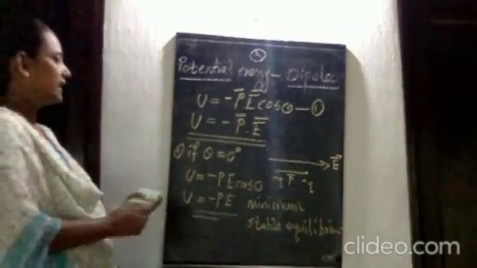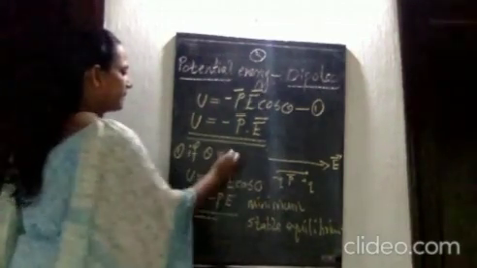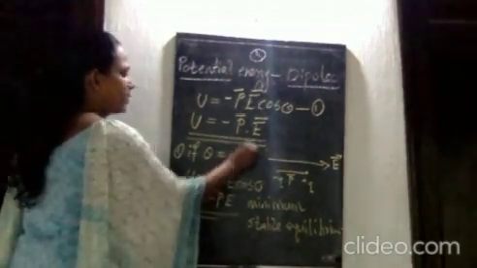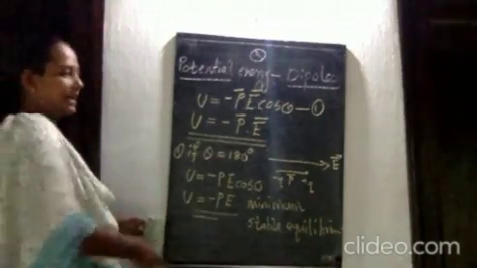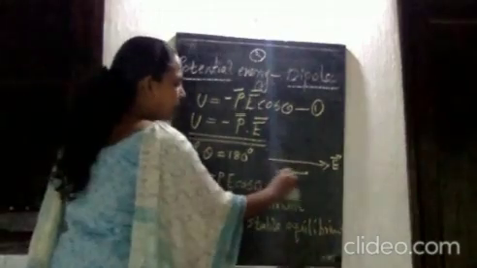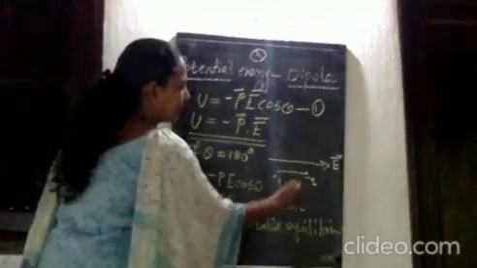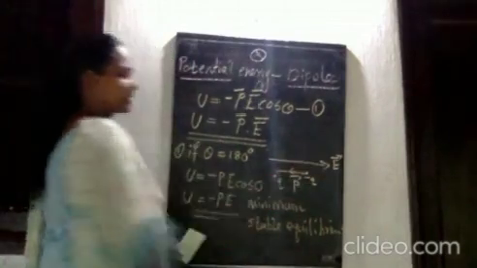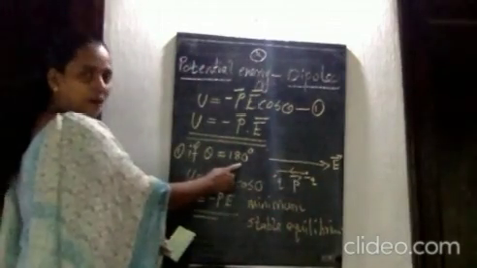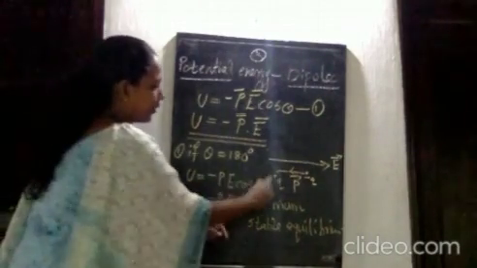And the second condition, if theta is equal to 180. What is the meaning of theta equal to 180? If the electric field is acting along this direction, the dipole moment is in the opposite direction, that is, here minus q and here plus q. Therefore, the dipole moment will be acting in this direction, so theta equal to 180. So, what is the potential energy? U equal to minus Pe cos 180.